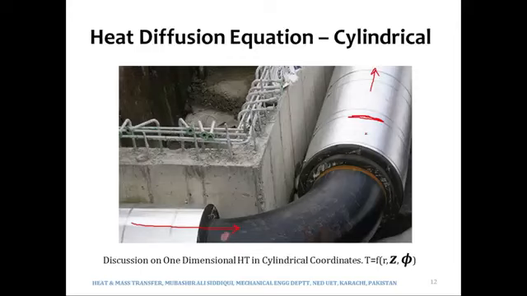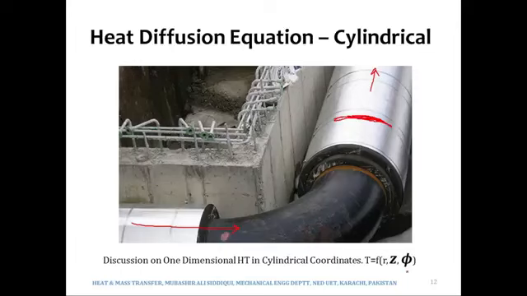So what does this mean? It means that if there is a change in temperature along the length of this arc, or you can say circumferentially, then this would mean that temperature is varying in phi direction.